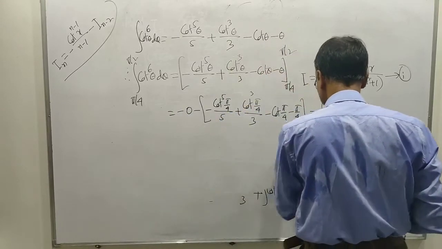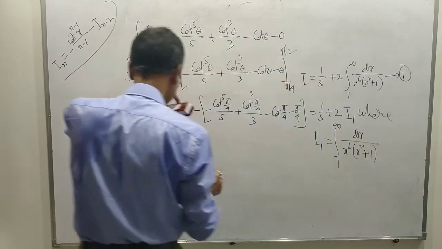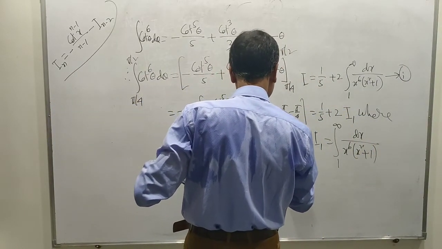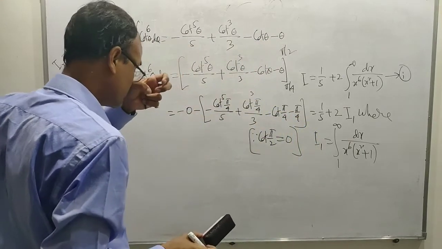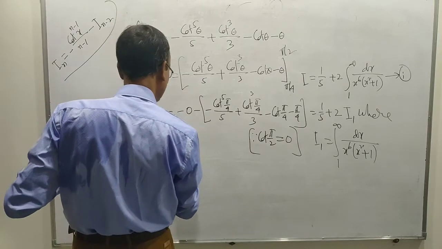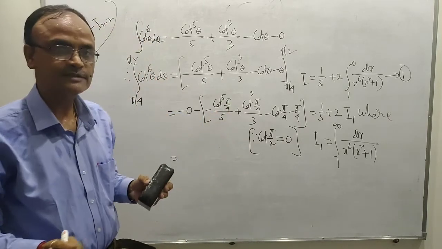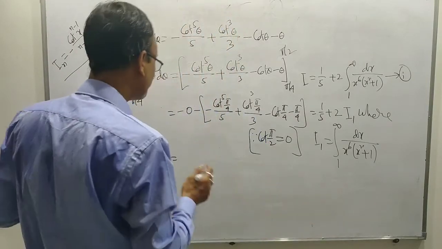I1 will be like this. Since cot pi by 2 equal to 0, this is equal to plus cot pi by 4. What is the value of cot pi by 4? Cot pi by 4 is equal to 1.